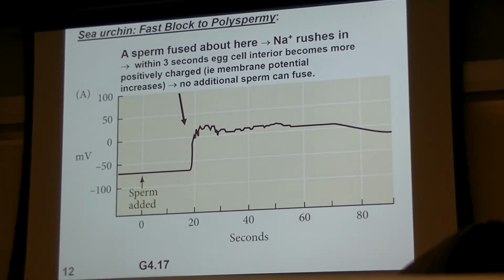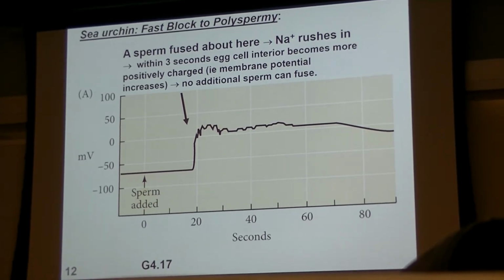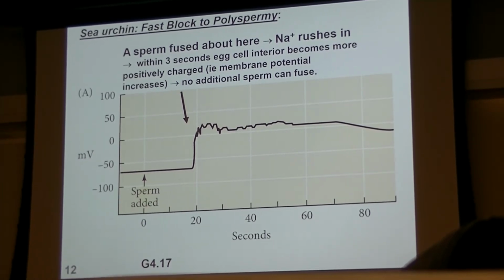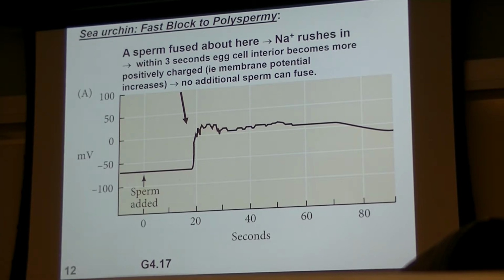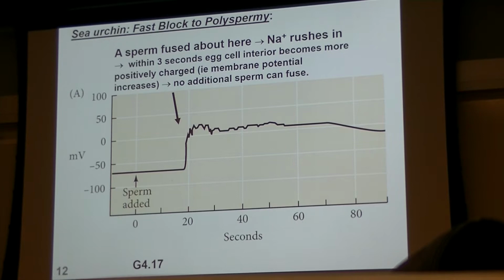And the sea urchin does this in a two-step process. The first part is called the fast block to polyspermy. It represents what I just told you, where we have a membrane potential change, and due to that very quick event, no further sperm can fuse.